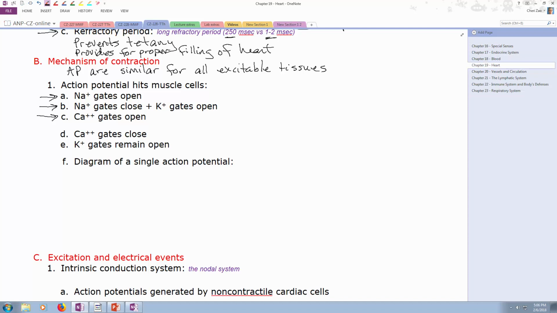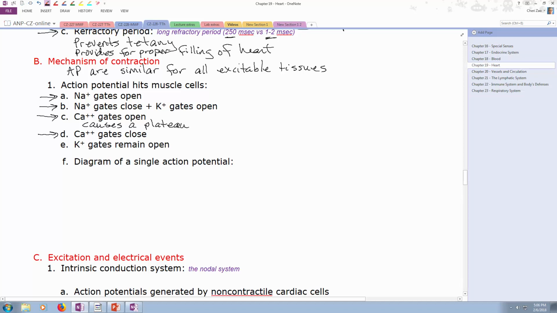And when these calcium gates open, they are going to cause a plateau. The plateau is something that we have not seen with action potentials before at all. So we're going to see a plateau.